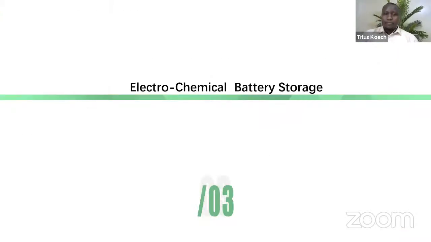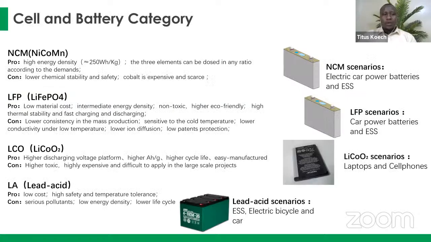Now I would like to give a brief intro to different electrochemical battery storage technologies. As I mentioned, this is predominant in the Sub-Saharan Africa region. One thing that's good to note is the different cell and battery chemistries for electrochemical storage.